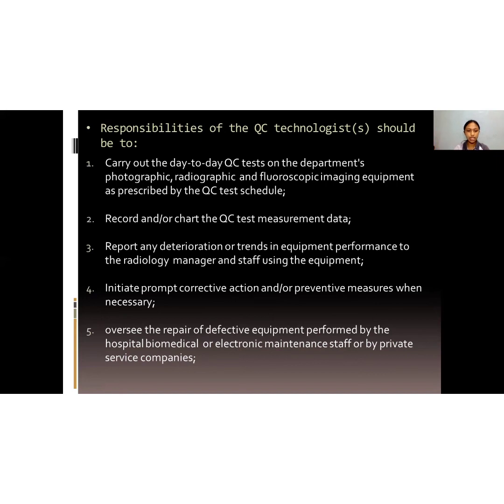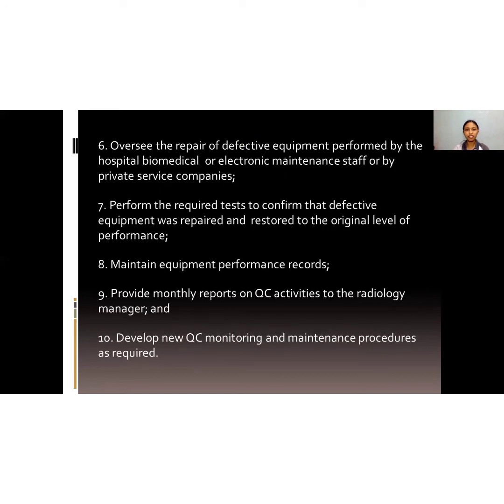And lastly, to oversee the repair of defective equipment performed by the hospital biomedical or electronic maintenance staff or by private service companies. There are still more of them. So six, the technologist should oversee the repair of defective equipment performed by the hospital biomedical or electronic maintenance staff or by private service companies.